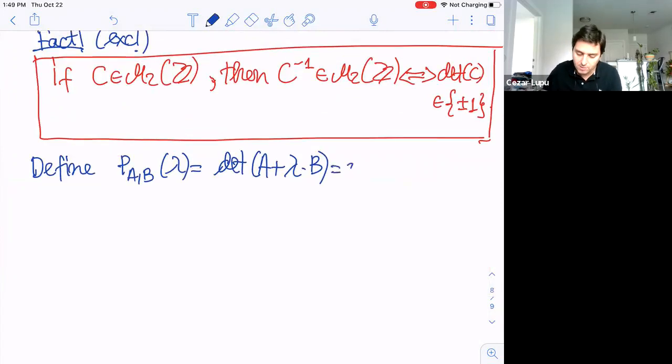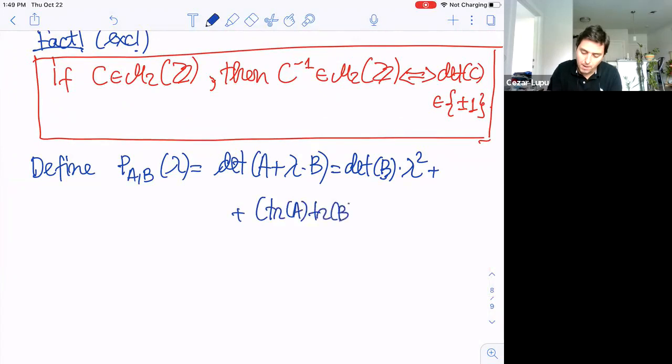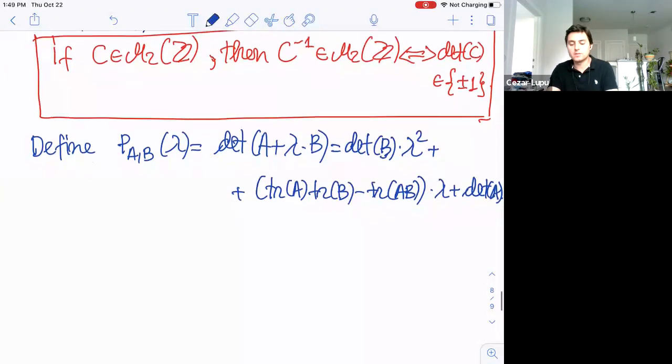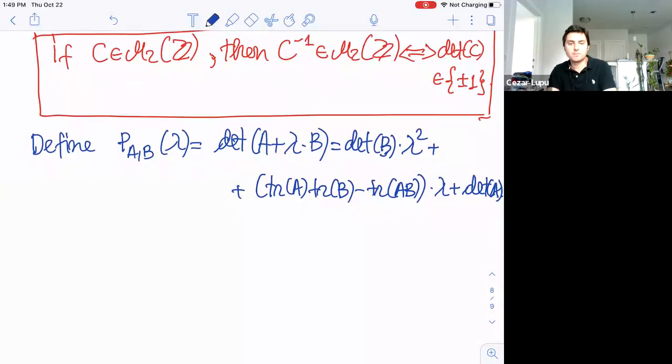This is the determinant of B times lambda squared plus the trace of A times trace of B minus trace of AB times lambda plus the determinant of A. Can you tell me what is the degree of this? It's at most 2, so the degree of this polynomial is at most 2.